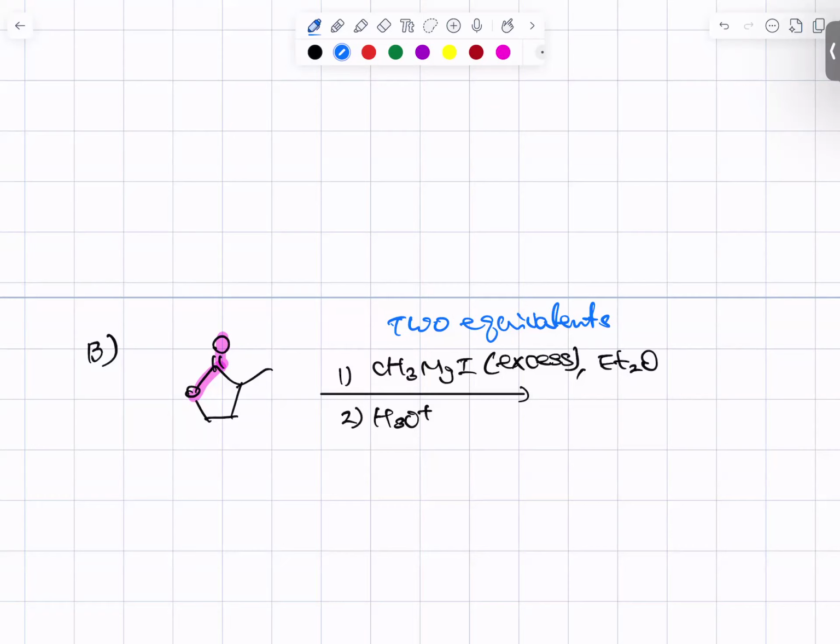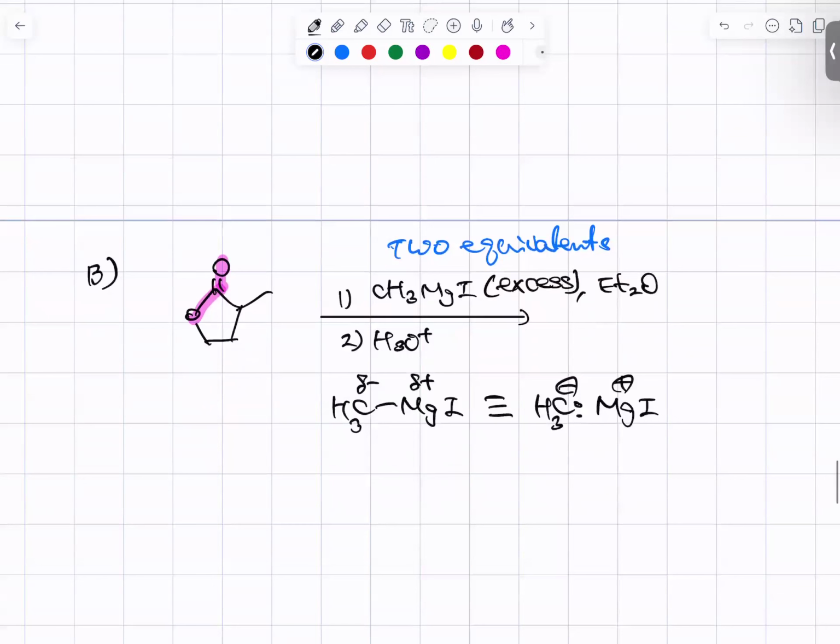Okay, first let's write methyl magnesium iodide. So then the methyl group has a strong partial negative charge, magnesium partial positive charge. So we can treat this one as a full carbanion, full negative charge, and MgI this way.